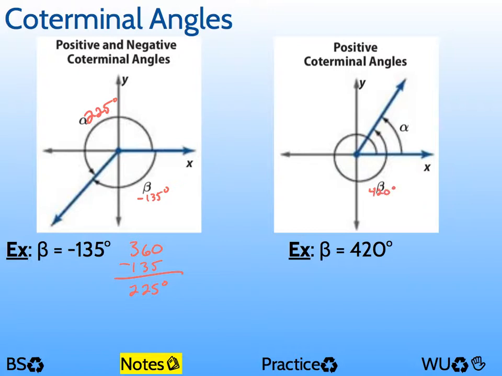So, like we did before, let's subtract 360 from this, leaving you with alpha equals 60 degrees. That means 60 degrees and 420 degrees are coterminal angles. Likewise, 225 degrees and negative 135 degrees are coterminal angles.